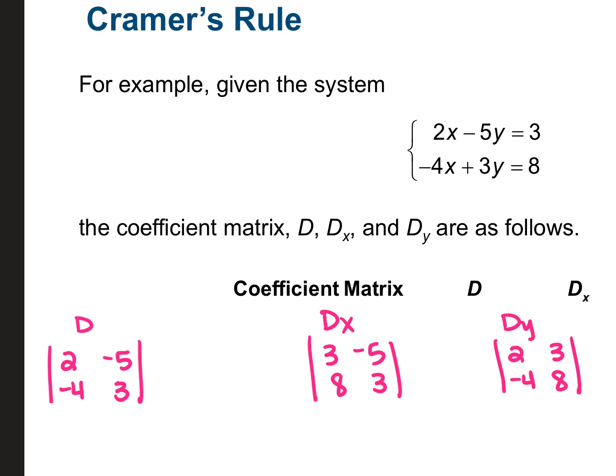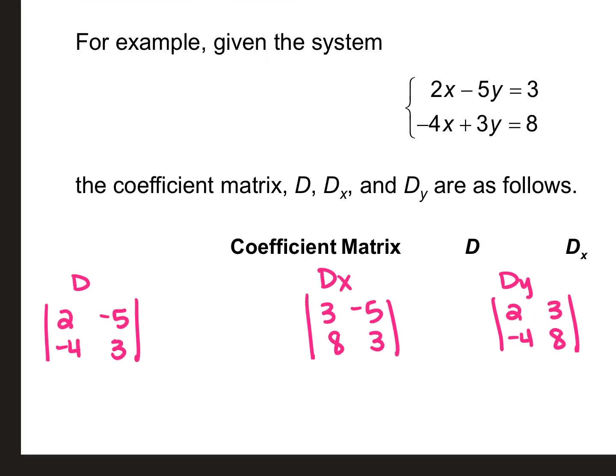So to find D, you are going to cross multiply. So 2 times 3 is 6, minus the negative 4 times negative 5 is 20. That gives us a D of negative 14. For D sub x, multiply the 3 times 3, that's 9, minus the 8 times negative 5 is negative 40.